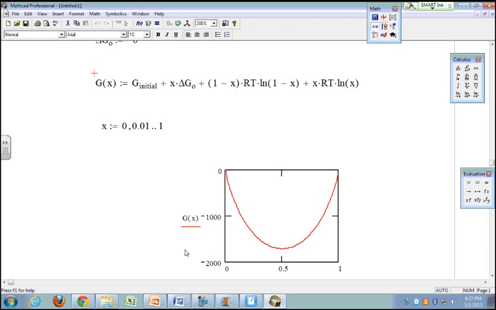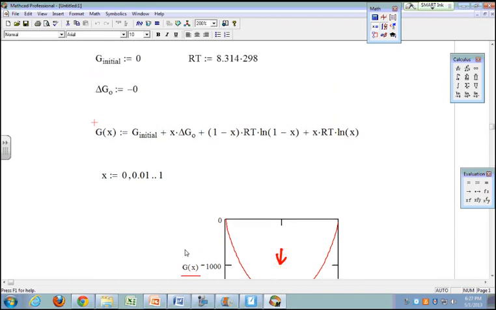It's around 0.5. So when the extent of reaction has reached 0.5, you would expect at equilibrium the amount of A to be equal to the amount of B. So your equilibrium constant would be 1. At equilibrium, A and B would both be 0.5.